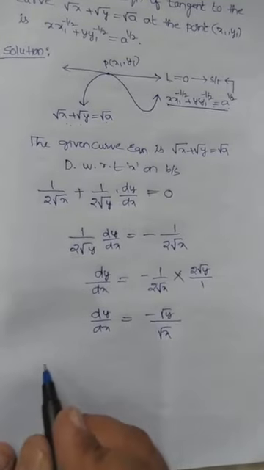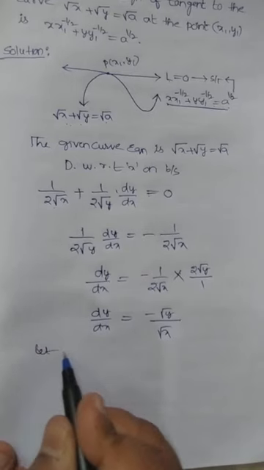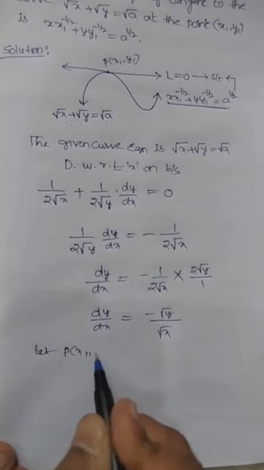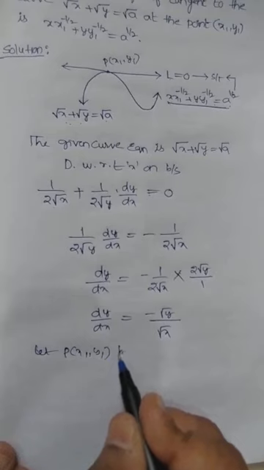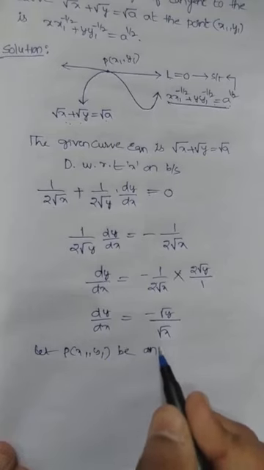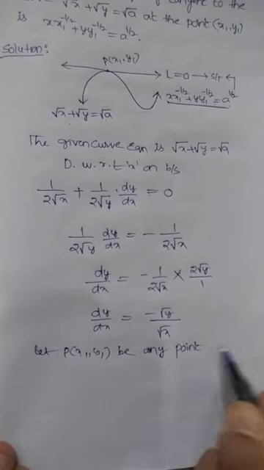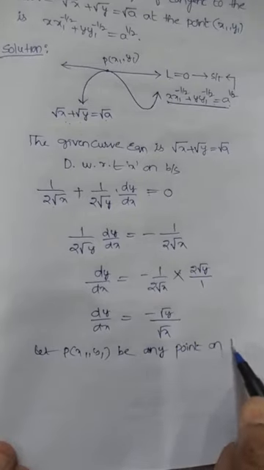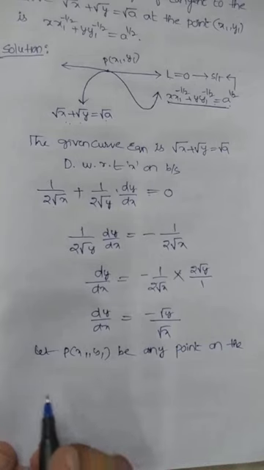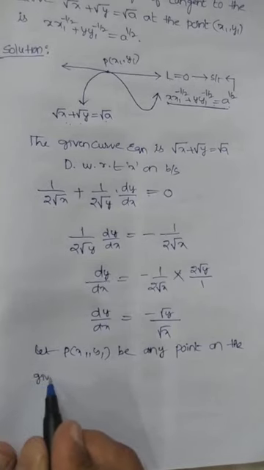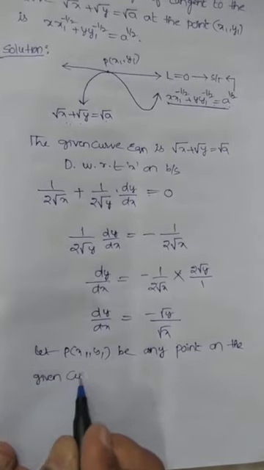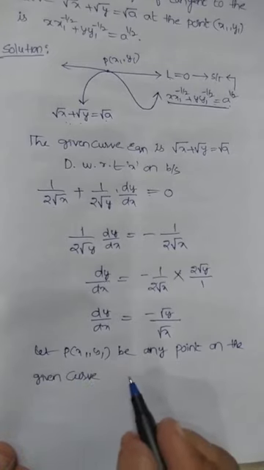Okay, now let P of x1 comma y1 be any point on the given curve.